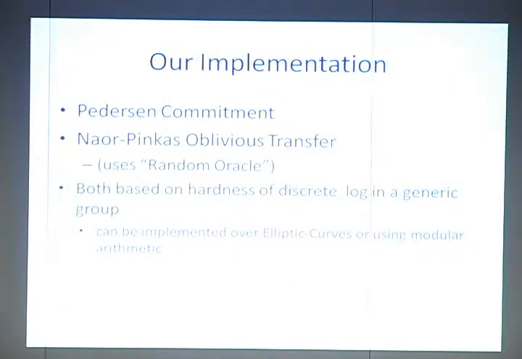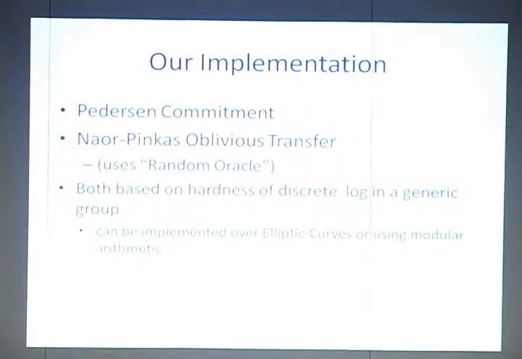OK, that was everything I had to say about the protocol. We also actually implemented this protocol. So we used specific types of commitment and oblivious transfer that don't really matter. The point is that they're both based on a specific mathematical assumption called the hardness of discrete log. And this is something that's true in generic groups.